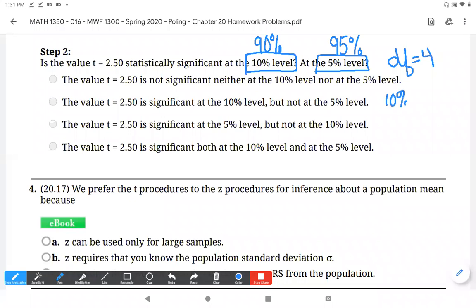So at the 10% level, we have a t equals 2.132 from table C. And at the 5% level, we have a t-score for degrees of freedom 4 of 2.776.